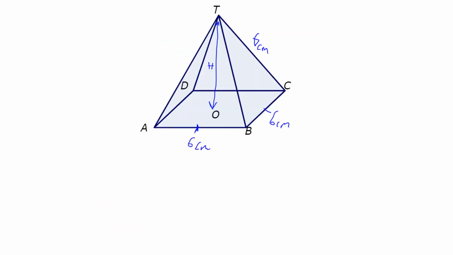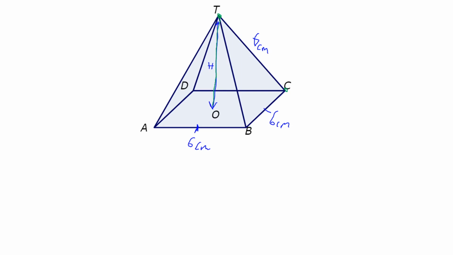What about something like this though? For this one we're told this is a square-based pyramid, but we're trying to work out the height. How are we going to do that? Well, let's take a look at what we have. We know that this diagonal here is 6 centimeters, okay. But have a look.